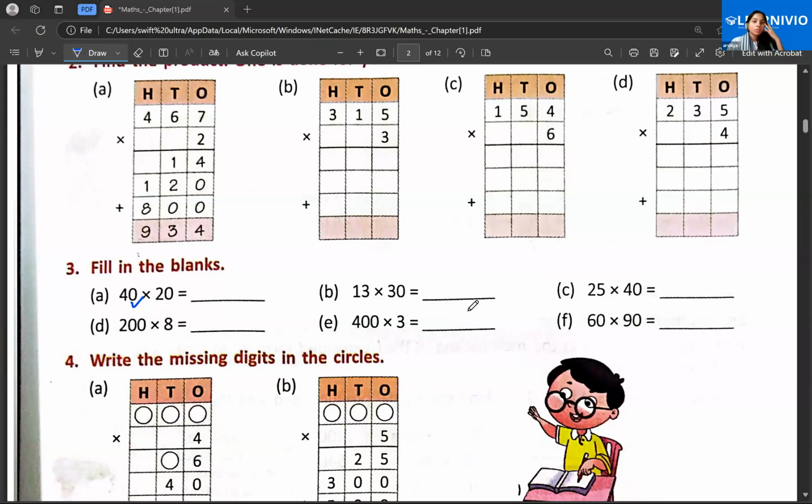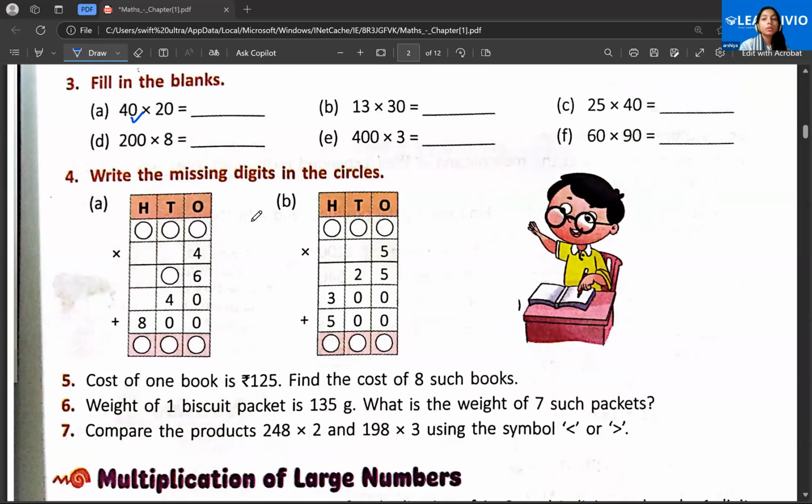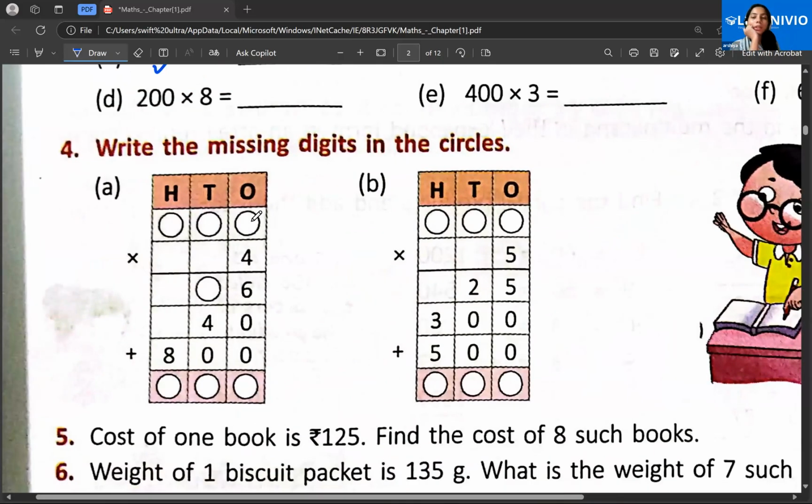Yes, ma'am. Okay. Now let's try question number 4. We have to write down the missing boxes. Yes, what were you saying? I was saying 25 times 40 is equal to 1000. Yes, that was correct.